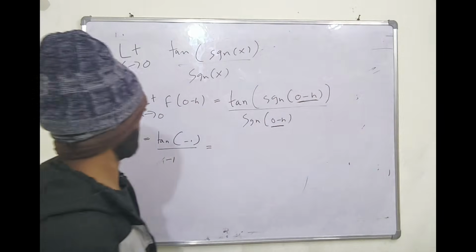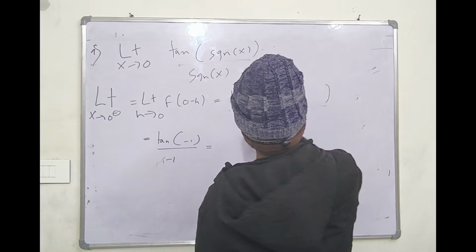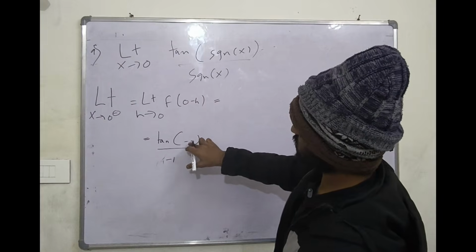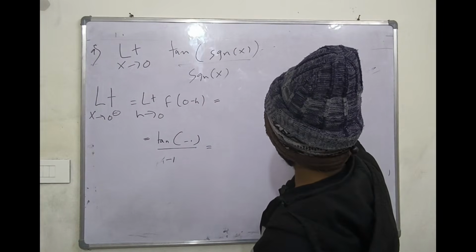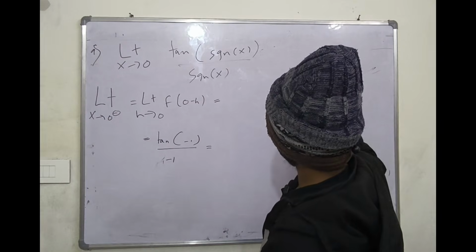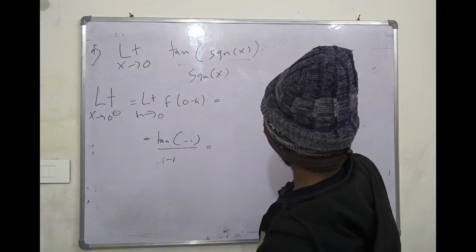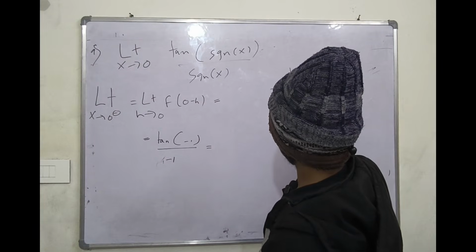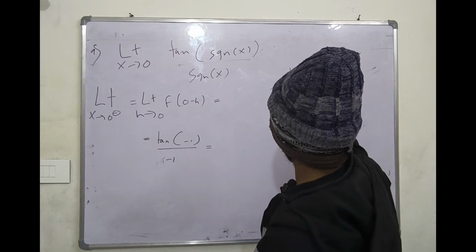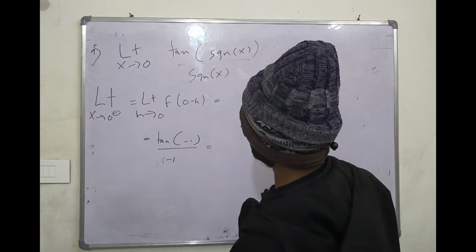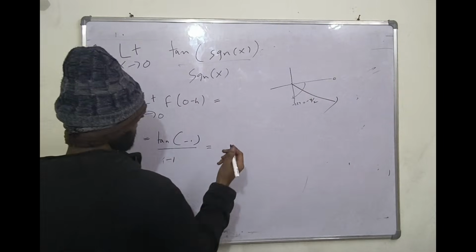Since tan -1 is in the fourth quadrant, so tan of -1 is minus tan 1.